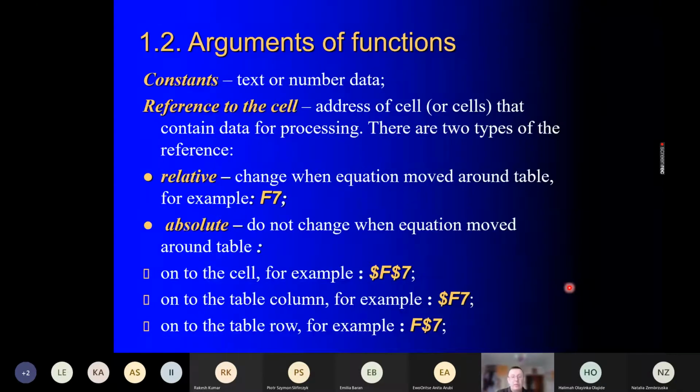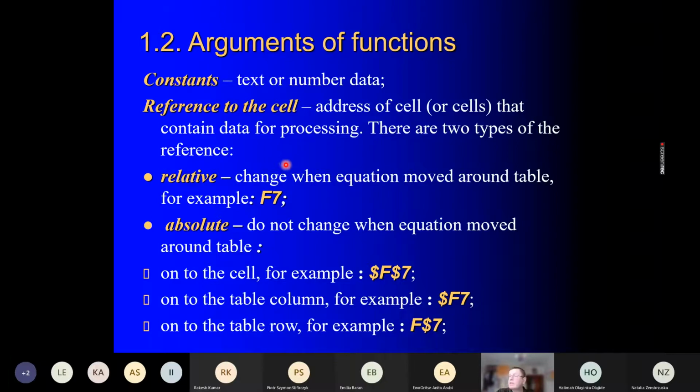What could be arguments of formulas as well as functions? For sure, they could be constants like text or numerical data. If a value appears only once, that's okay, no problem to use it as a constant and just hard code the formula.